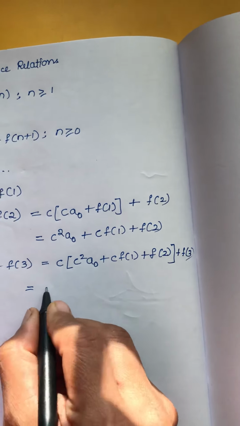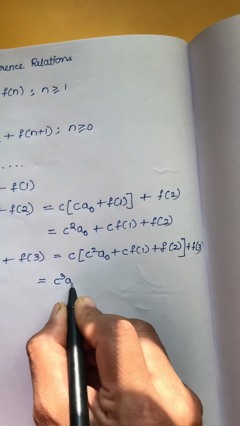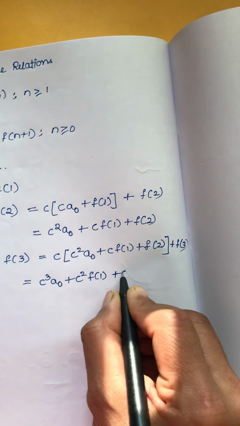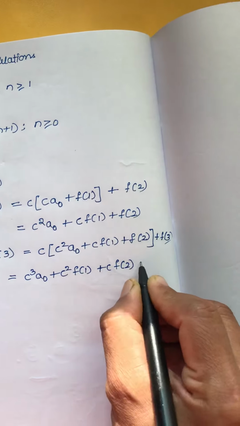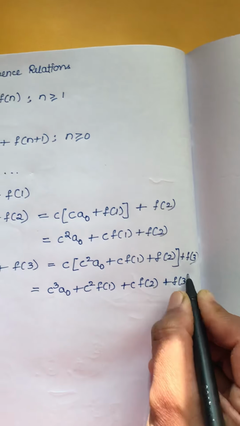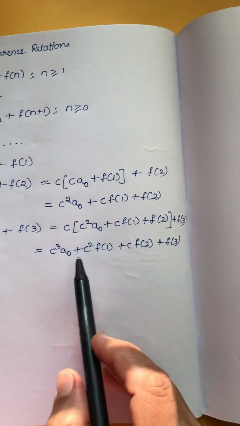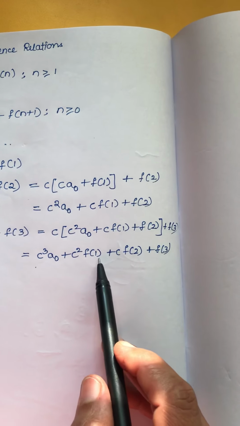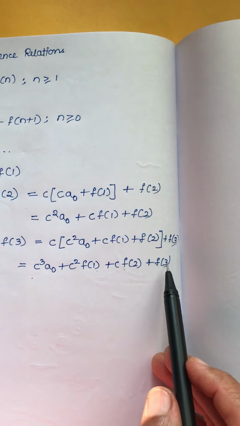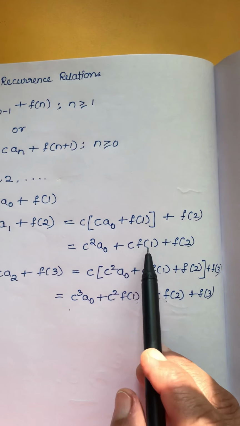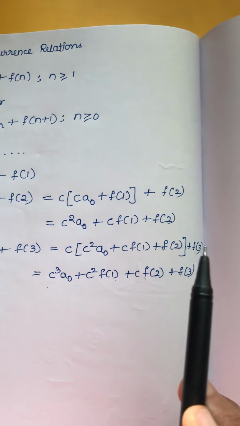So this is c^3 a_0 + c^2 f(1) + c f(2) + f(3). Now just observe all these expressions. a_3 is c^3 a_0 + c^2 f(1) + c f(2) + f(3). a_2 is c^2 a_0 + c f(1) + f(2).